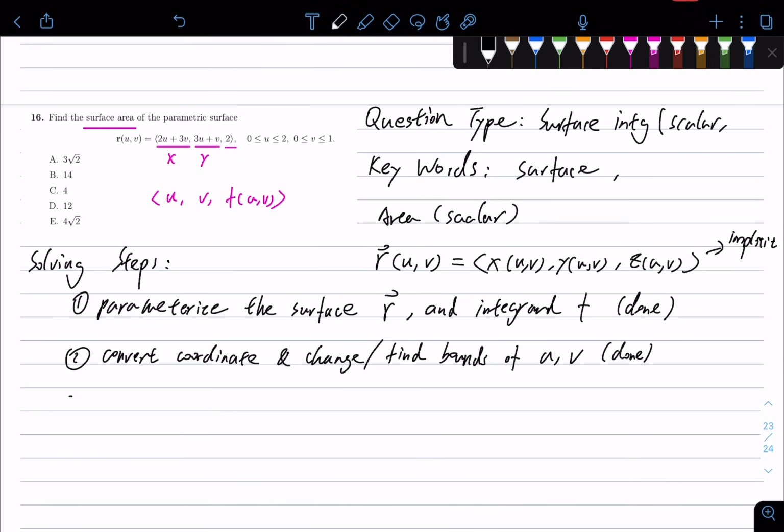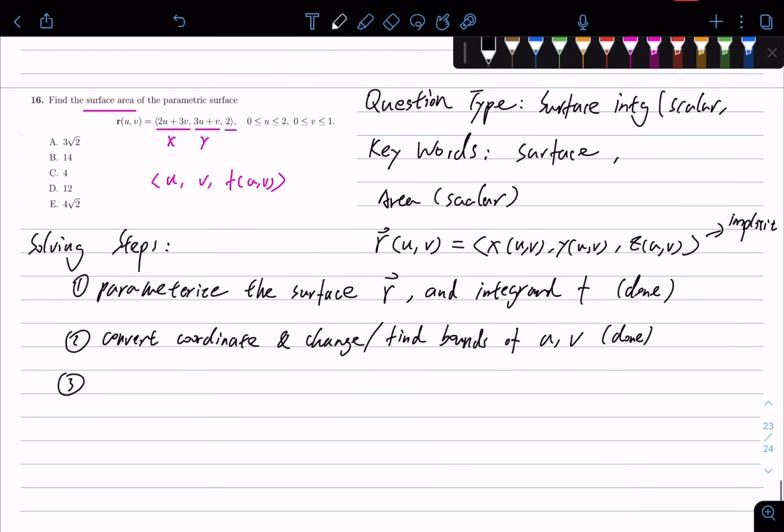So we can move on to step number 3, which is going to be finding r_u equals partial r partial u, and r_v equals partial r partial v.